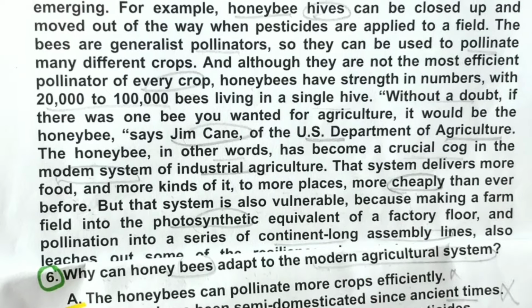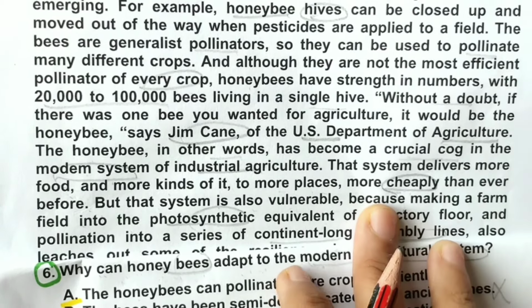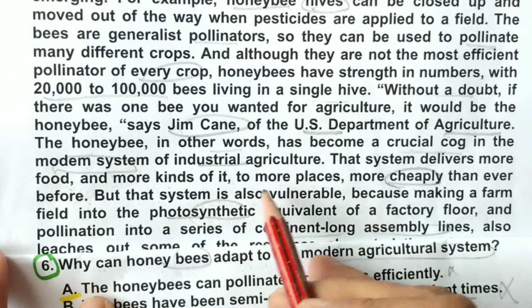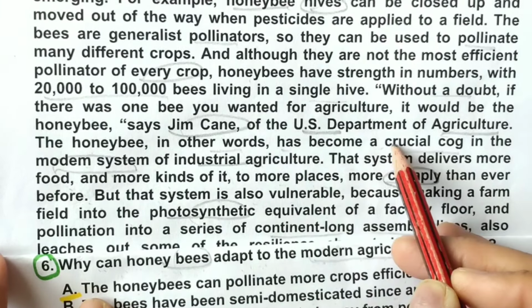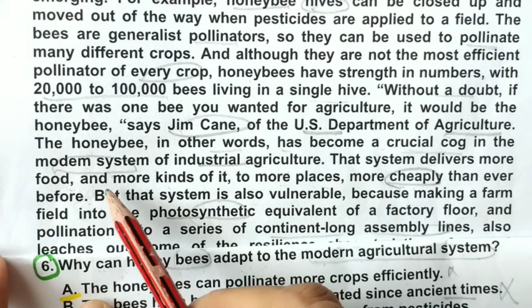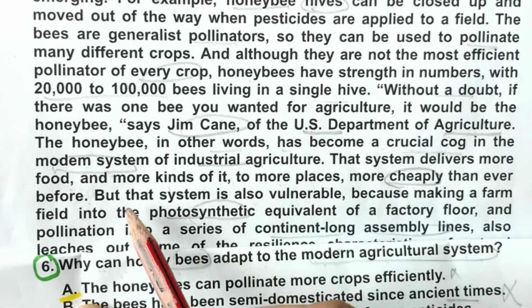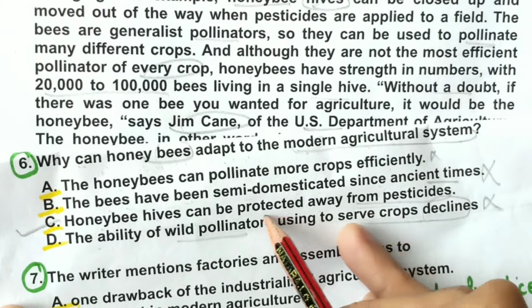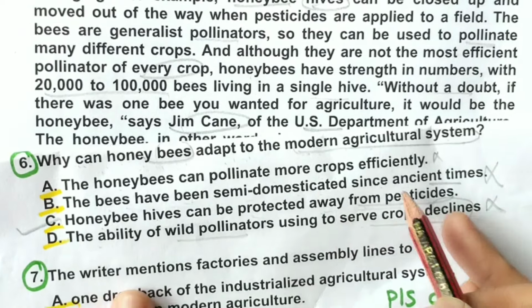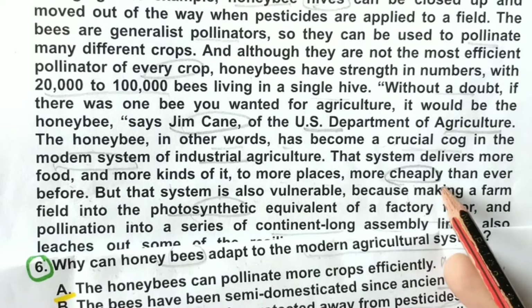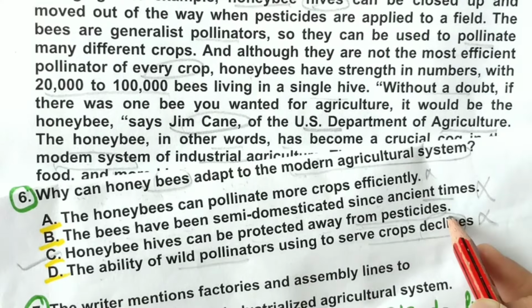In modern agriculture, of course they are using pesticides, but let's find where they have given pesticides. Crucial cog in the modern system of agriculture. That system delivers more food, more kinds, more cheaply than before. It means they have indirectly given that they can be protected away from pesticides when they are getting more food and more places to live. So indirectly I think they are talking about it.